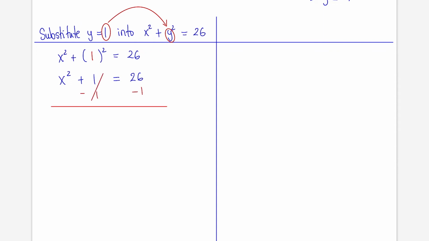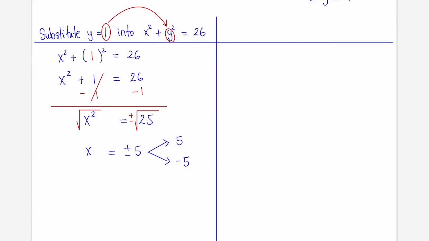The 1 gets cancelled out. I have x squared equals 25. And to solve for x, I'll take the square root on both sides. And don't forget the plus or minus. So x is plus or minus 5. What does that mean? It means that x can be 5 or x can also be negative 5.